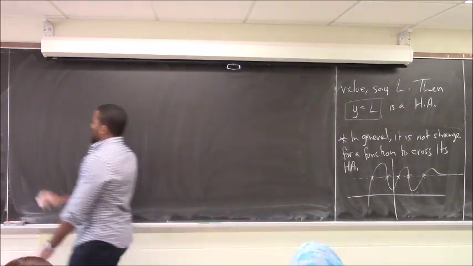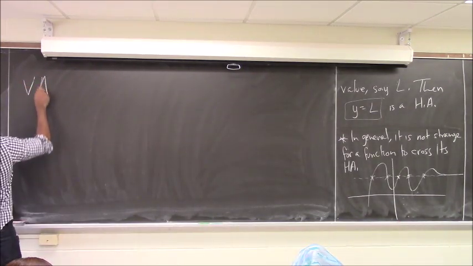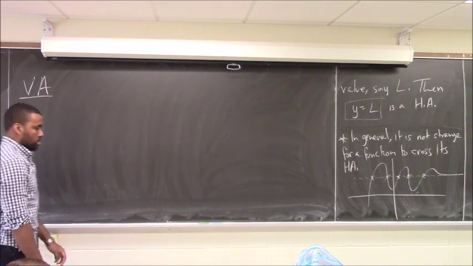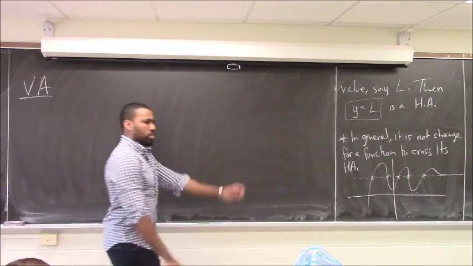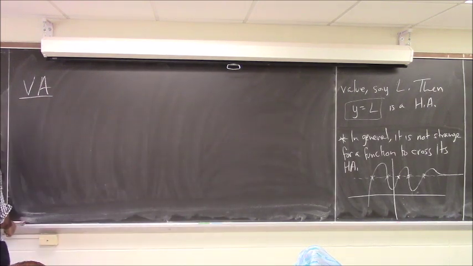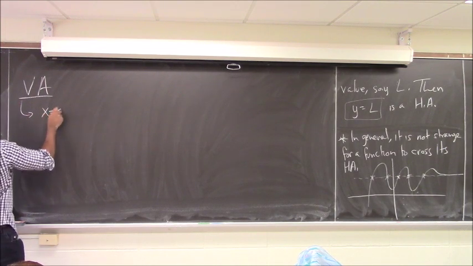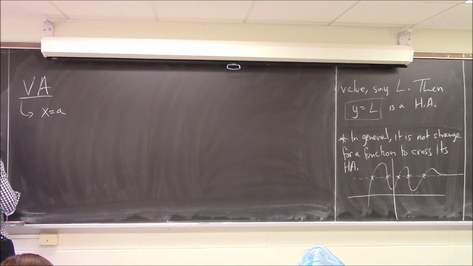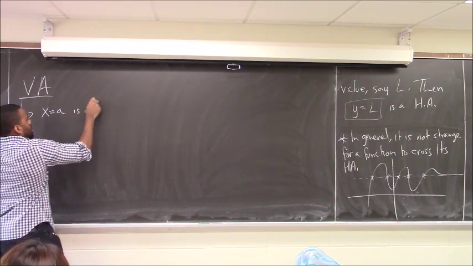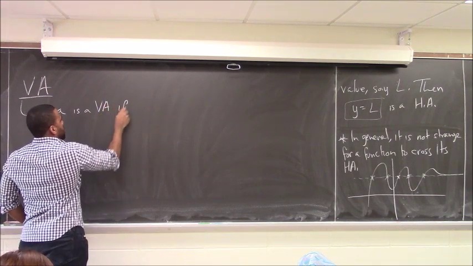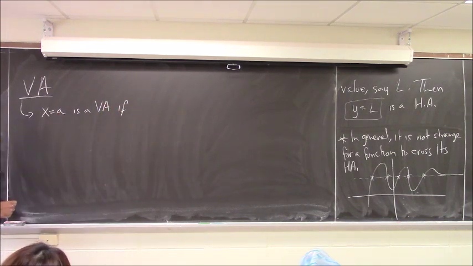Let's talk about vertical asymptotes. These can also be spoken about in terms of limits. And we say x equals a, so that's the equation of a vertical line passing through the x-coordinate a, is a vertical asymptote if one of the following is true.